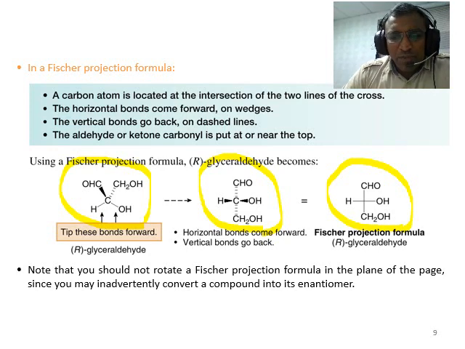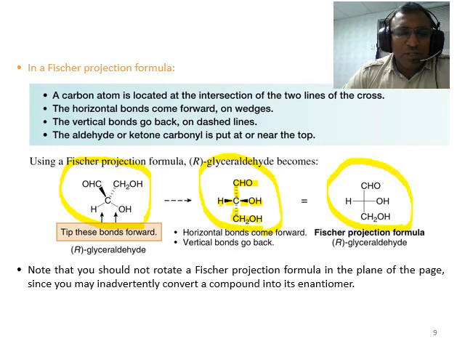And then you have this wedge line. The wedge line is coming towards you, closer to you, compared to this dash line. The dash line is going further away from you. So I hope you can imagine that the OH here, as well as hydrogen, is coming nearer to you than the carbonyl group as well as CH2OH.